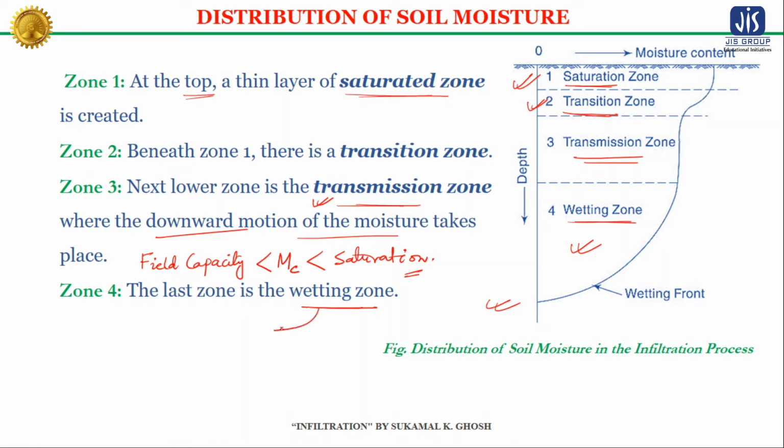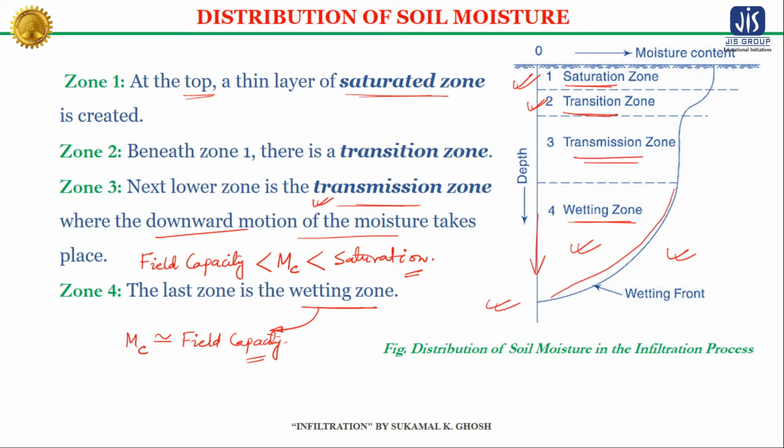In the wetting zone, the moisture content is nearly equal to the field capacity. From this figure, you may observe that with the increase of the depth, the value of the moisture content is decreasing.